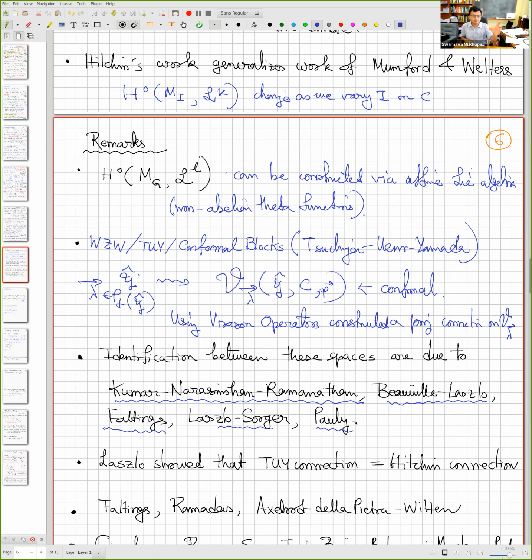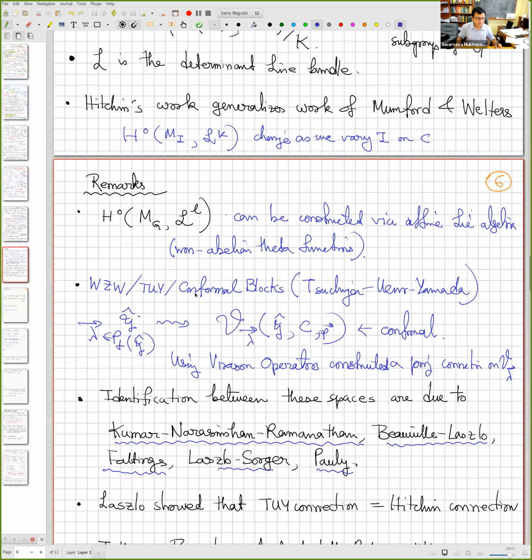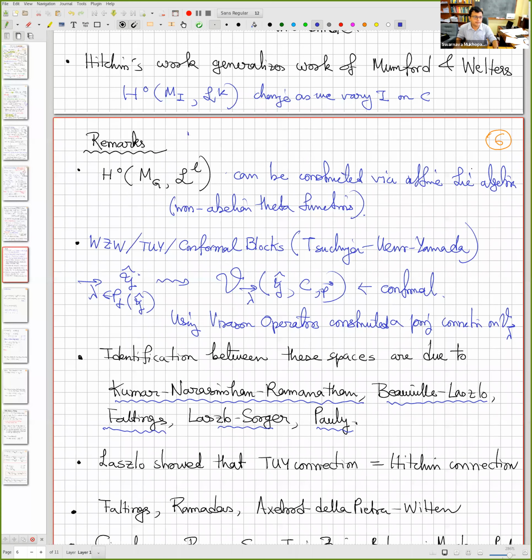So as I mentioned, what Hitchin constructed was a projective connection on the vector bundle with these fibers, which identifies these spaces.